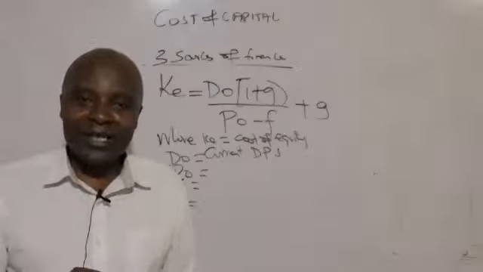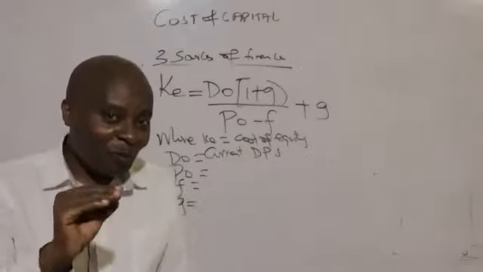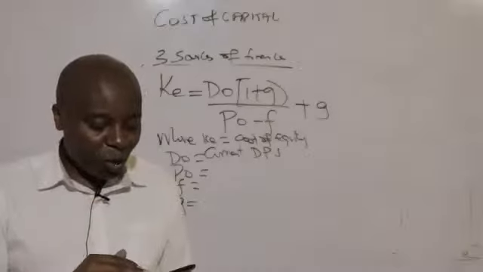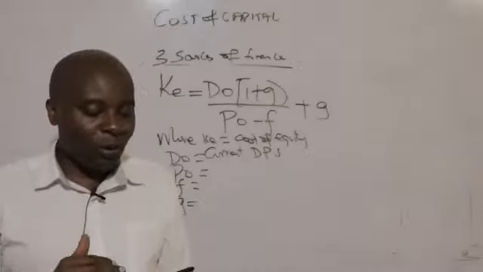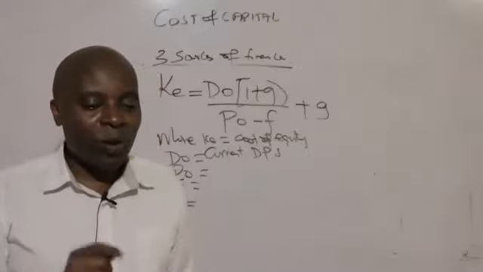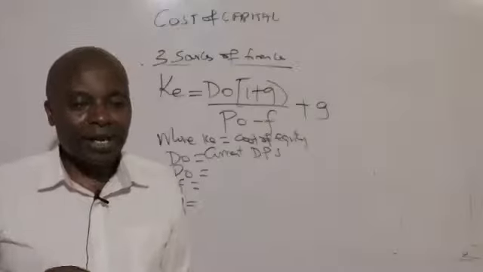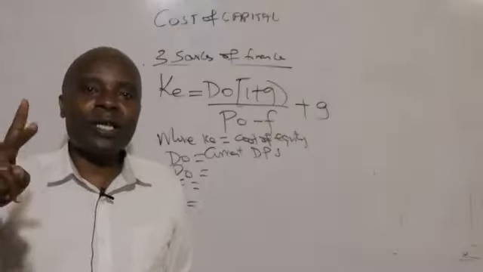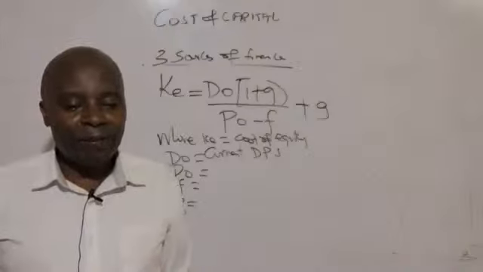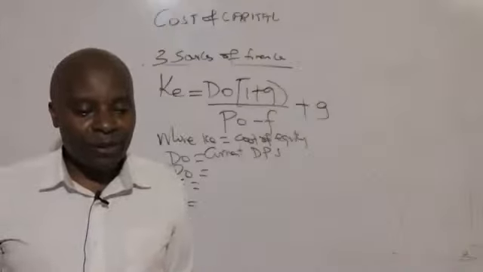But I know the sensitivity of this topic, so I want to put a very good foundation. If you go to page number 2, you'll be able to see example 1. Are you there? Page number 2, example 1.